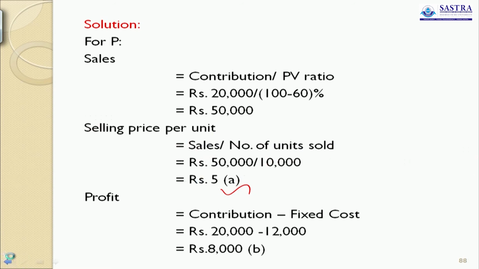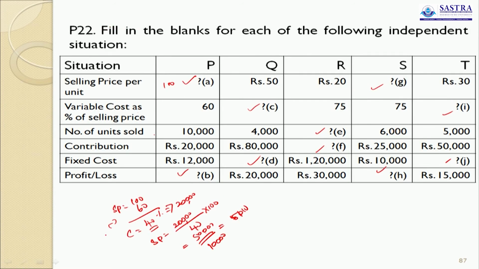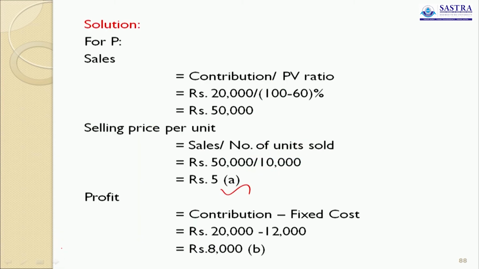Now the profit: contribution is 20,000, contribution minus fixed cost 12,000, this is profit 8,000. Now the profit is 8,000. This is the answer for situation P. Sales is 50,000, selling price per unit is 5, profit is 8,000.